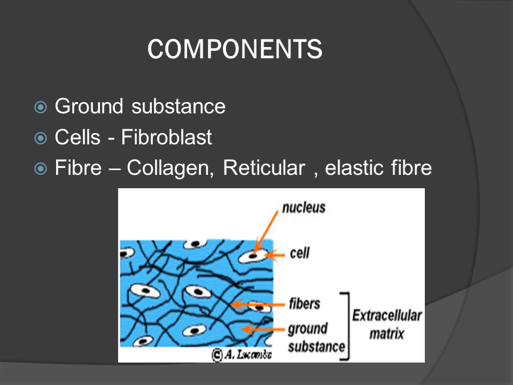So the first one is collagen fiber, meaning these fibers are very thick as well as strong. The thick and strong fiber is the collagen fiber, right? And the second one is reticular fiber, also strong, but it is very thin. Collagen is thick and strong, but reticular is thin and strong.